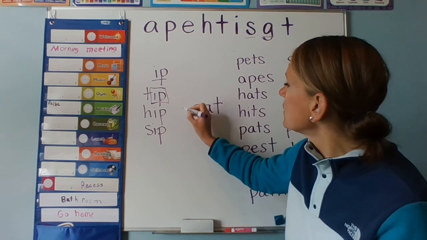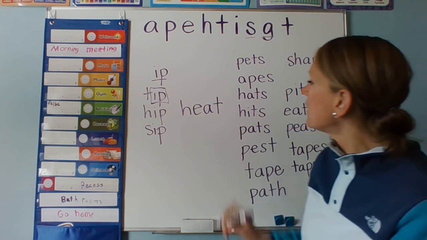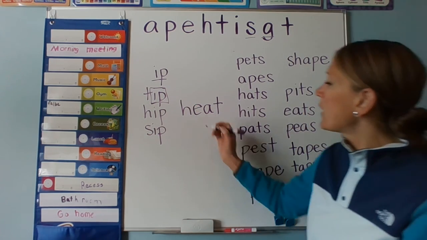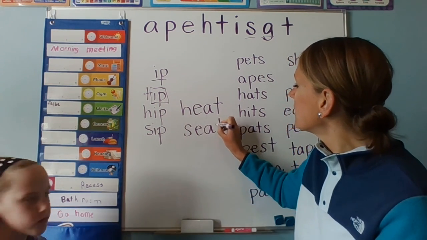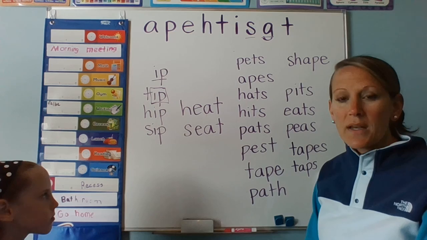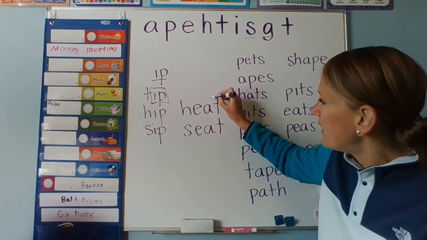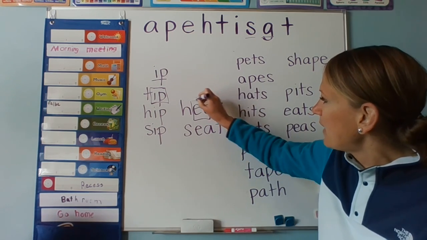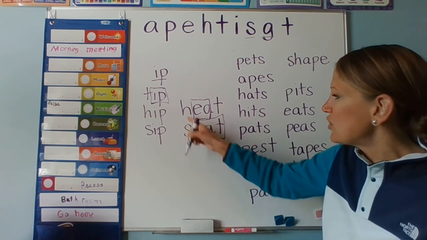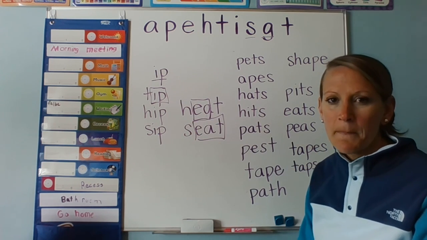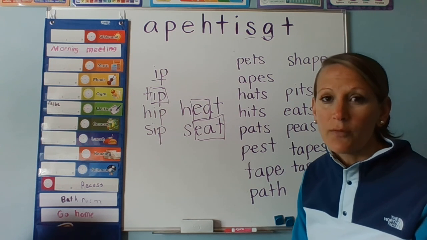But then we could also put an H in front of it and make heat. We could put an S in front of it and make seat. Okay? So another word family, or thinking about EAT as a word family and just changing that beginning sound. Okay? So lots of words that we can make here.